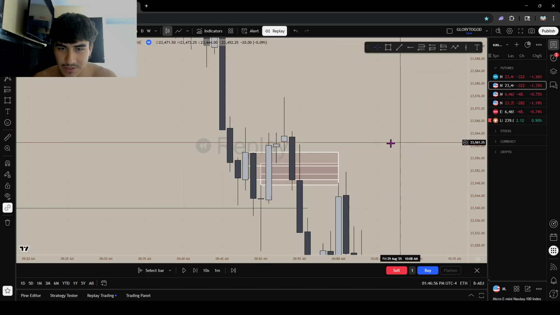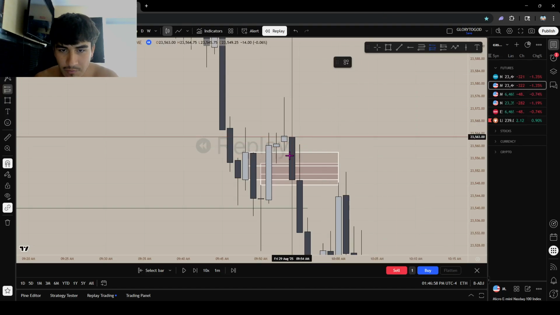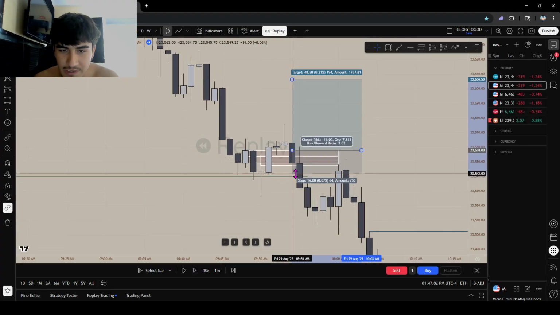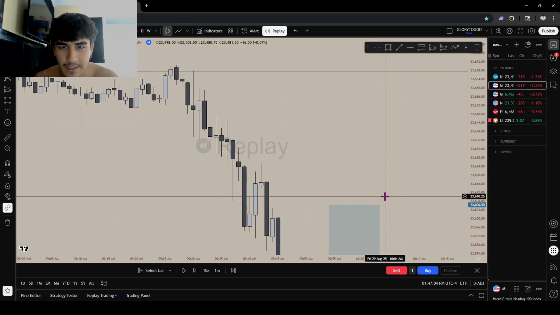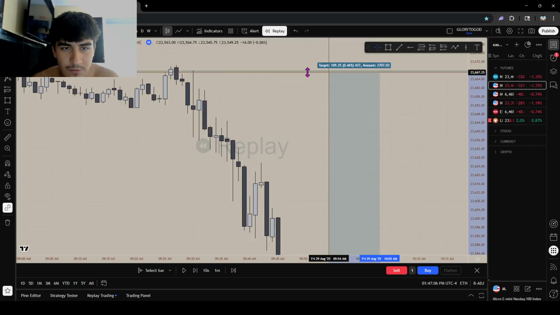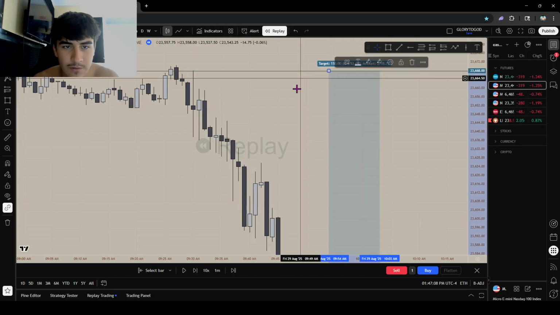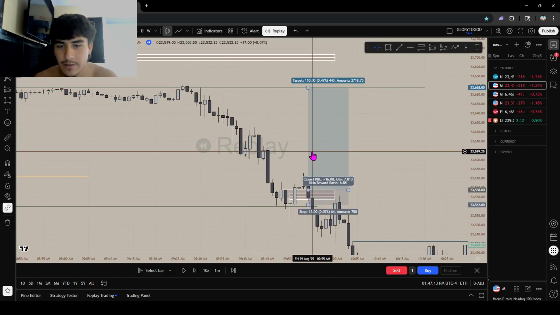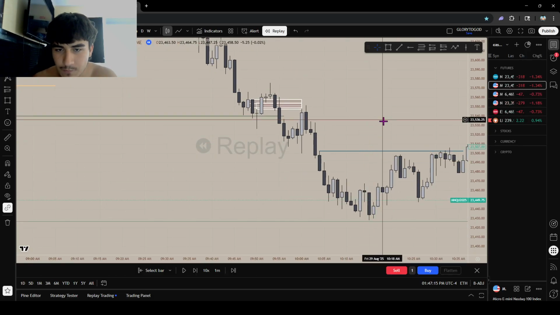We get a lot of confluences. So I entered here with my stop loss tight because we were in a downtrend. It was super tight, right there. And my longs were up here for Asia Open, for the London Open, for the session open. That was my trade. It got stopped out. Obviously, it got stopped out.